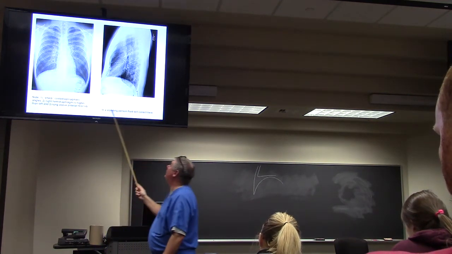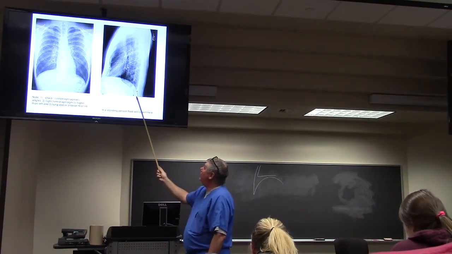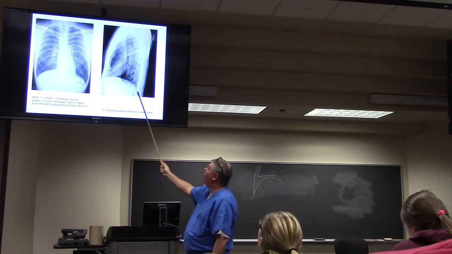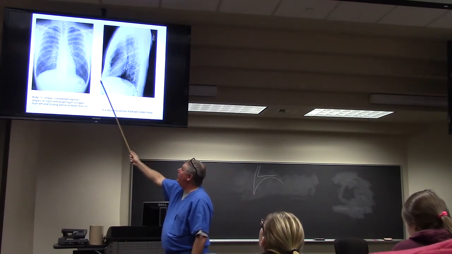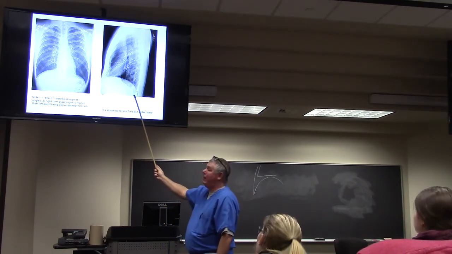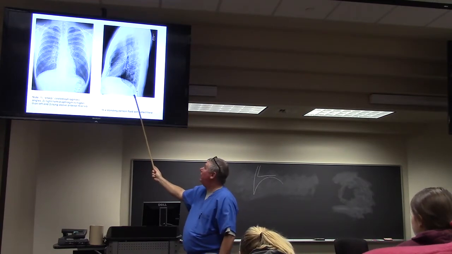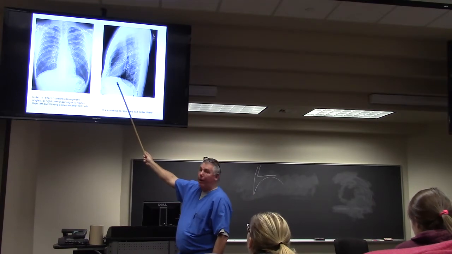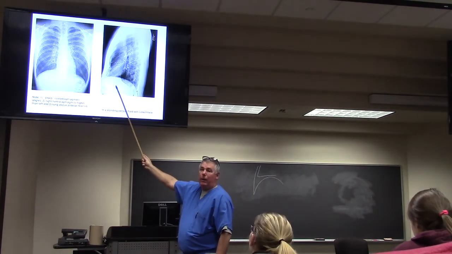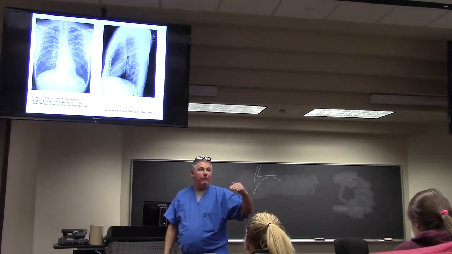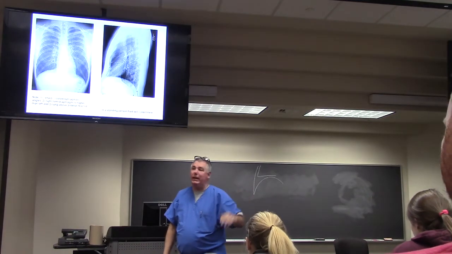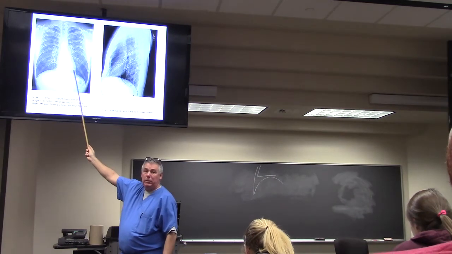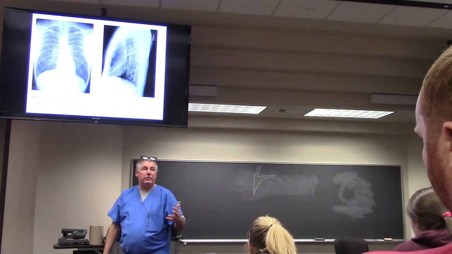If you come over here and look at this lateral view, here's the right hemidiaphragm here. Goes all the way from the back to the front. Here's the left hemidiaphragm. Watch this. Here it comes up right here, and it stops. Where did it go? The muscle of the diaphragm is the same density as the muscle of the heart, so you can't distinguish them.